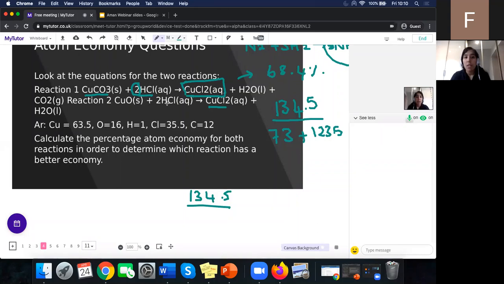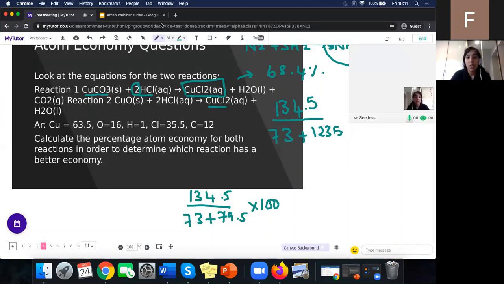Now, if we look at the second reaction, it's copper chloride, which is 134.5, divided by 2 HCl, which again will be your 71 plus 2, which is 73, plus CuO, so copper oxide, so 63.5 plus 16. So 63.5 plus 16 will give you an answer then of 79.5 over here. So we multiplied by 100. So if we do that into the calculator, what's our atom economy for the second reaction?